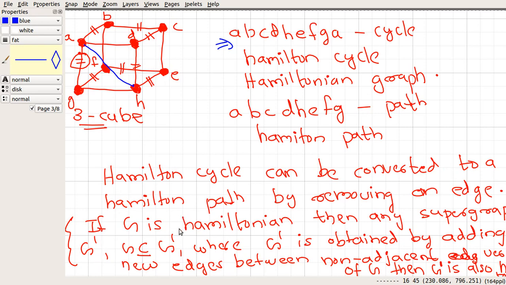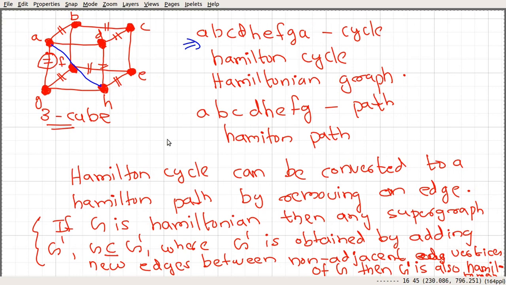If you consider any graph G which is Hamiltonian, and you add more edges between non-adjacent vertices, then that modified graph will still be a Hamiltonian graph. Similarly, if you add one more edge here, for example this edge, again we can see that this graph is still Hamiltonian. So if you start with a Hamiltonian graph and add more edges between non-adjacent vertices, that modified graph will also be a Hamiltonian graph.